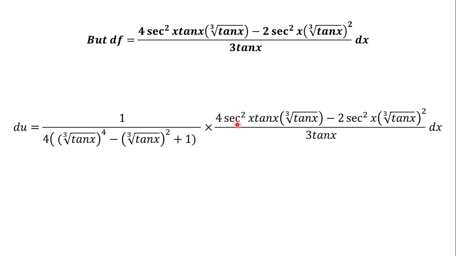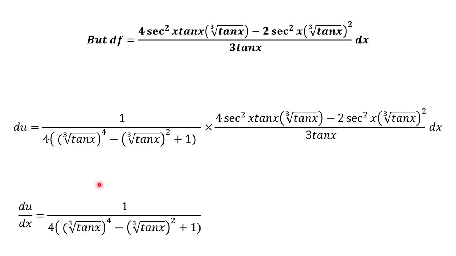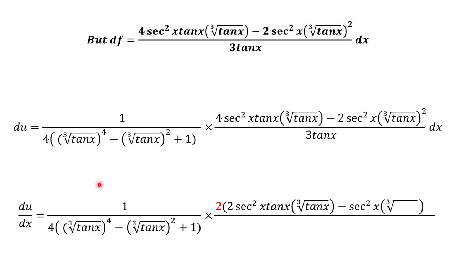So we're just going to factor out 2 from here, and then we use it to cancel out this 4. So these 2 here cancel out with this 4, and that will give us what? 2.